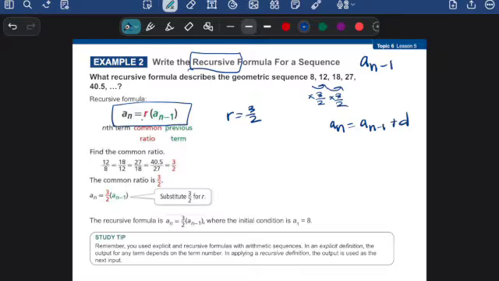So we multiply the common ratio by the previous term. So then we do that. We just substitute R for 3/2. And we get our recursive formula. We have to define the first term whenever we write our recursive formula, so make sure you define what the first term in the sequence was. And in this case, our a1 term is 8.